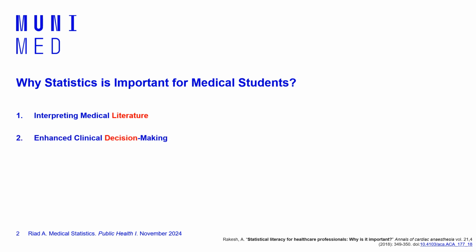Then, once you are able to interpret medical literature independently, you will have greater opportunity or skill also to make clinical decisions. Every interaction with a patient involves a series of decisions. This ranges from diagnosing symptoms to selecting tests or treatments, and statistical principles underpin these choices.